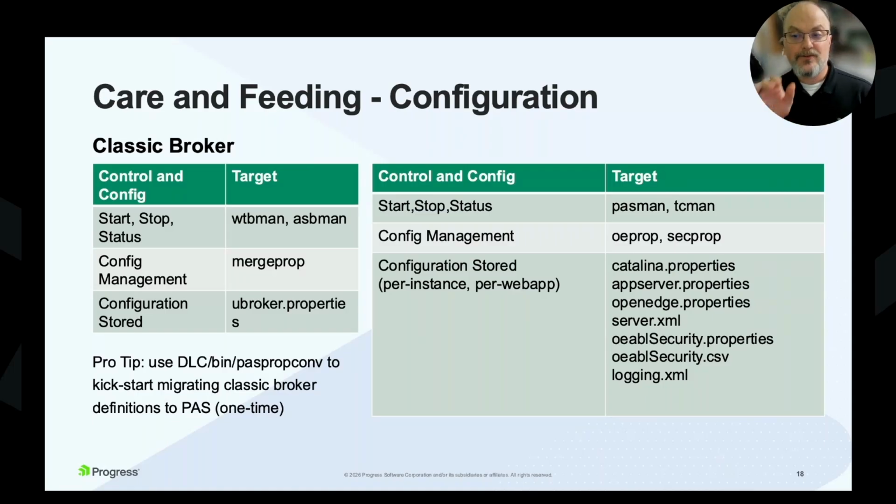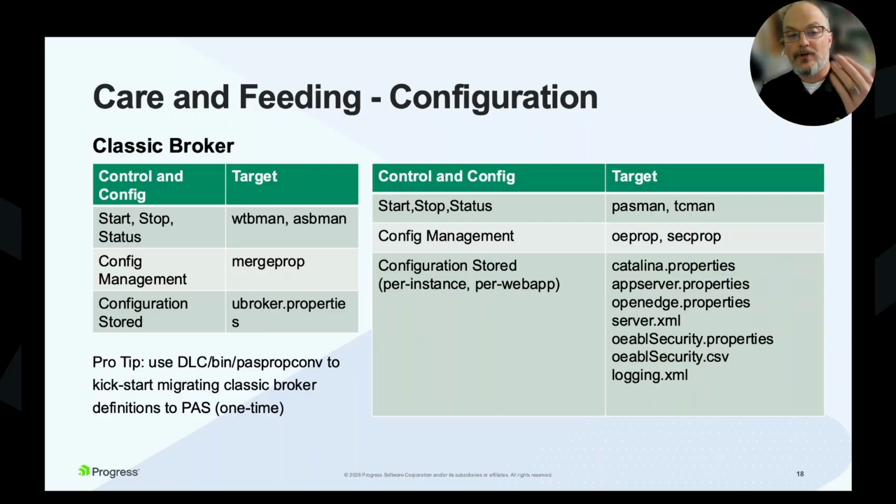We are indeed PaaS, so we have PaaS-man. PaaS-man is simply a nice global wrapper for TC-man. They both perform the same functions, but if you've scripted around WTB-man or ASB-man, you're going to need to update your scripts.